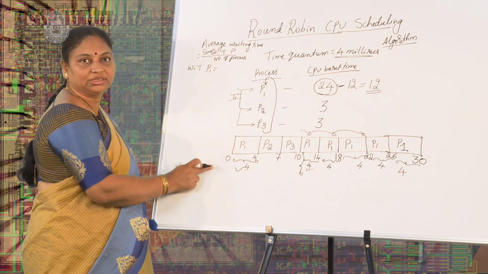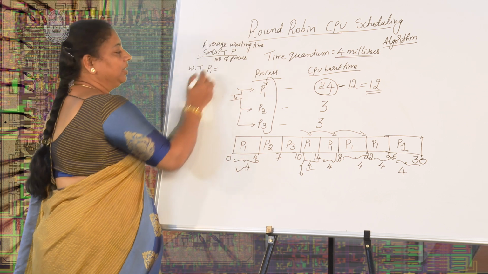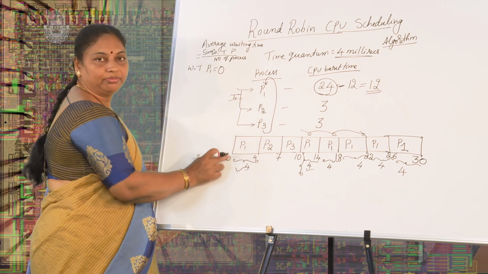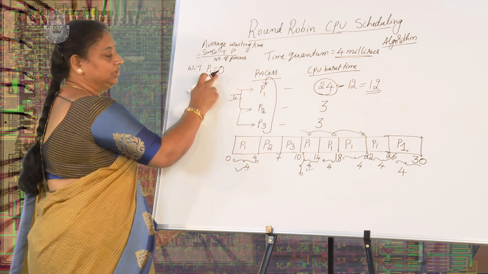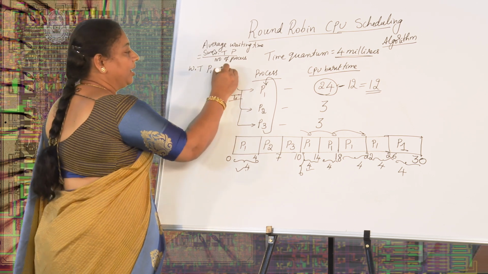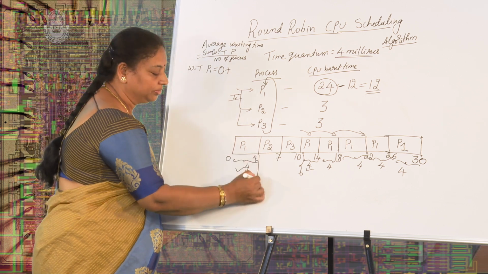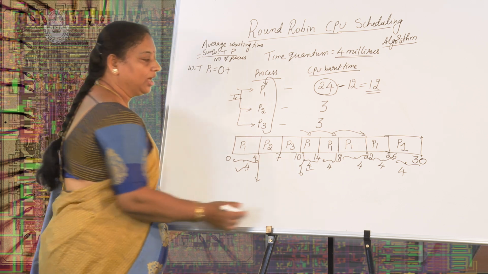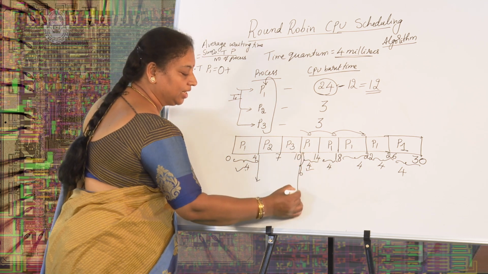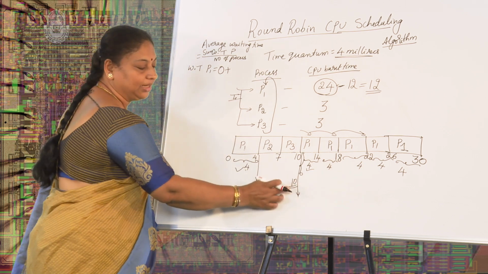For P1, what is the waiting time? See here, initially it will be assigned without making it wait in the ready queue. So it is 0. But after that, there is a suspension of the execution of process P1, and it is again taken into consideration at time 10.